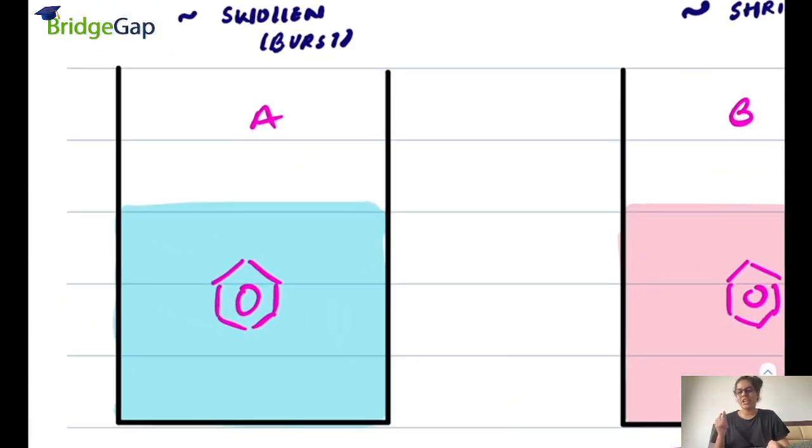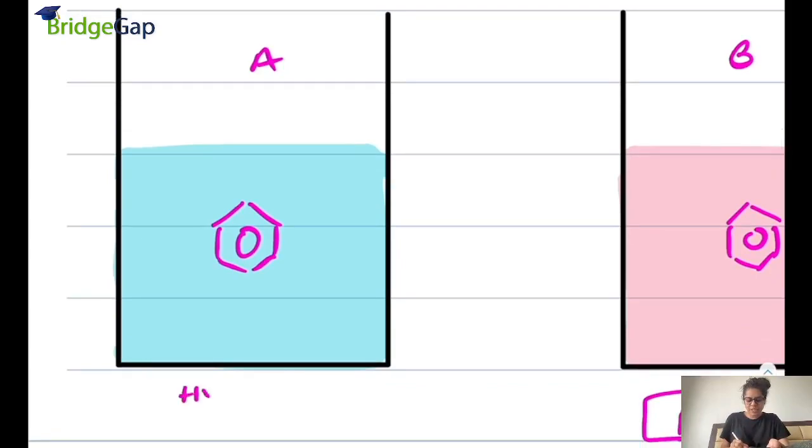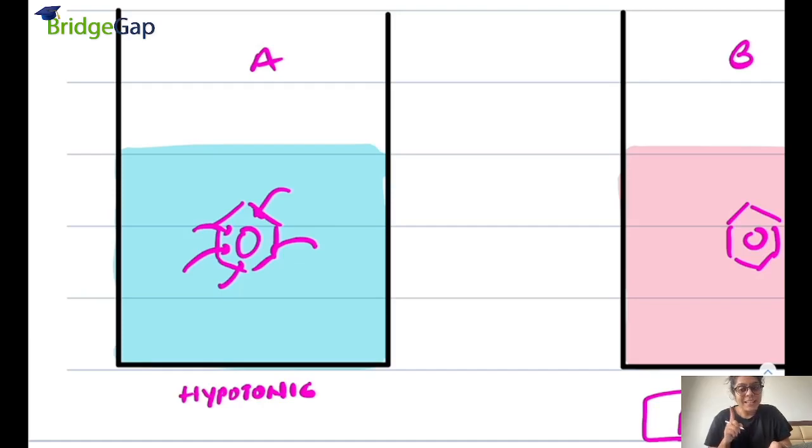Osmosis is the same, the definition is the same. The only criteria changed is our cell. In this also, in the first situation, the water is more outside, the concentration of water is more. So again, this situation is a hypotonic solution. In this also, the water will be entering the cell, but because the plant cell has a cell wall.